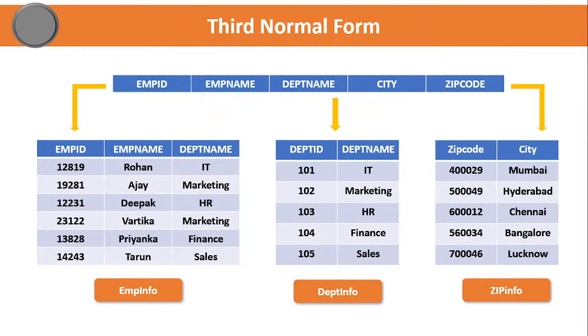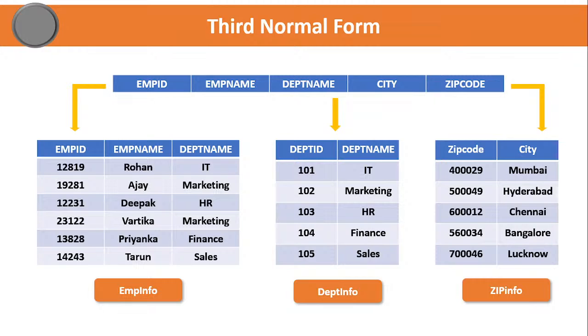If you look at the resultant table, I have segregated the original employee table into three different tables. The first one is employee info, which holds the employee ID, employee name, and department as the attributes. In the second table, we have department ID and department name separately. And finally, I'm categorizing the cities based on their zip codes into the zip info table.